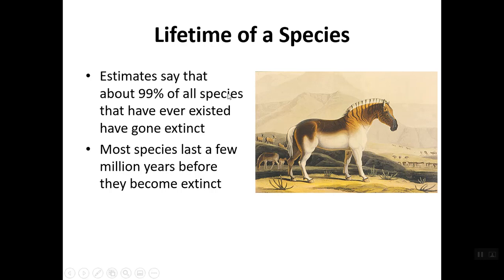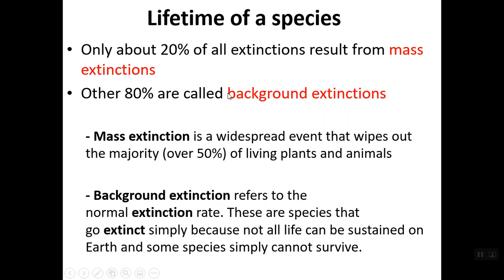But in reality, most of these extinctions are due to the so-called background extinction rate. So basically, only about 20% of all extinctions result from mass extinction events. 80%, excuse me, of all extinctions actually are due to background extinctions.